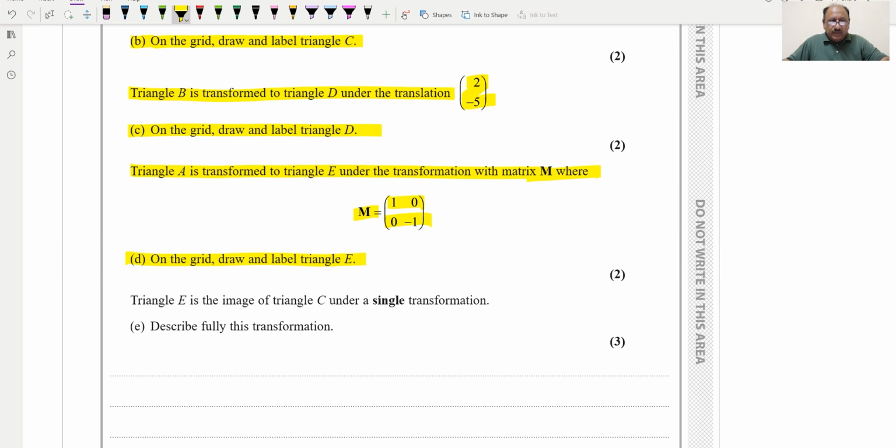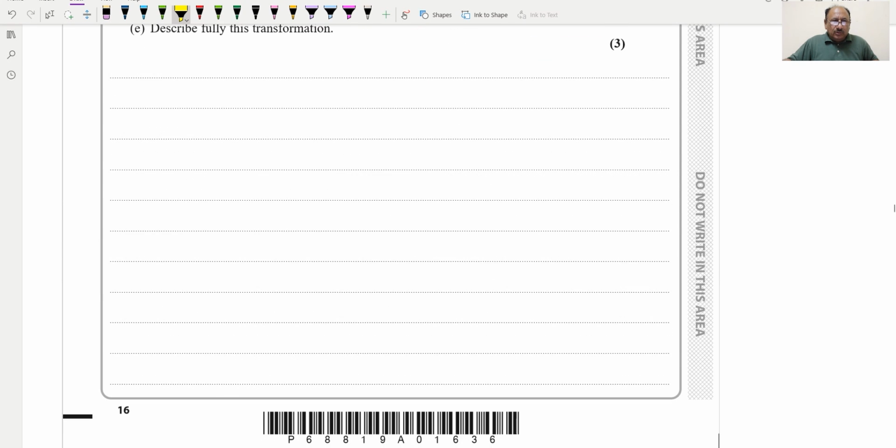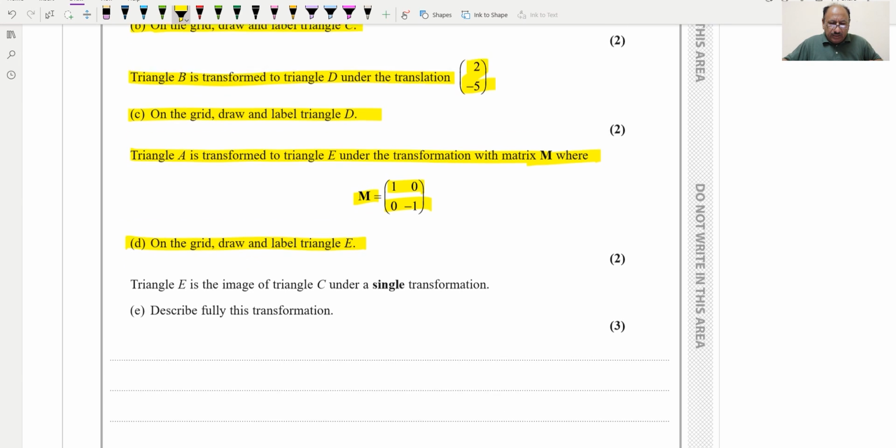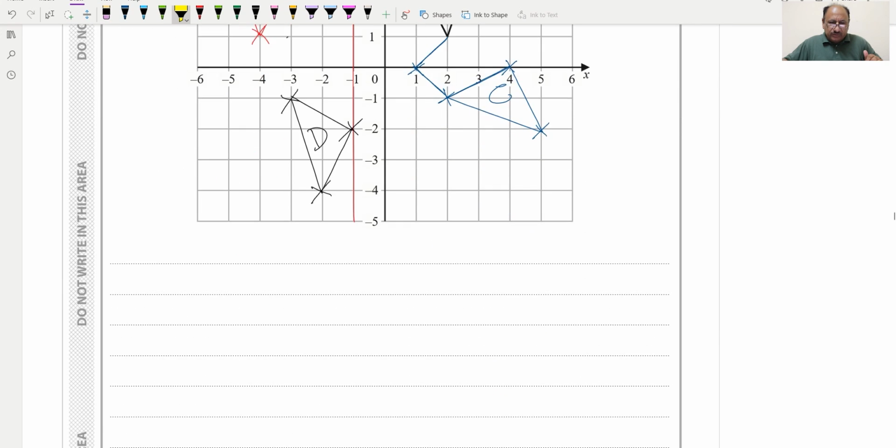Now this triangle is reflection in the line x is equal to basically x. The triangle A is transformed to triangle E. So it will be reflection in the line x-axis.